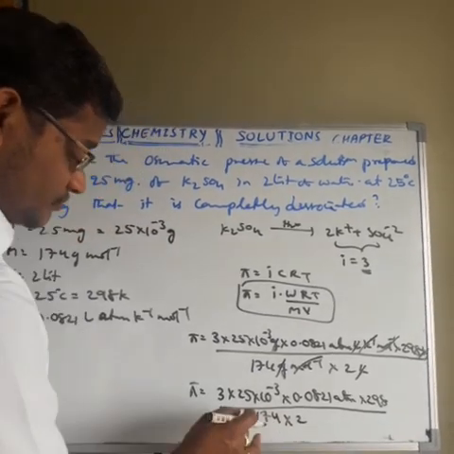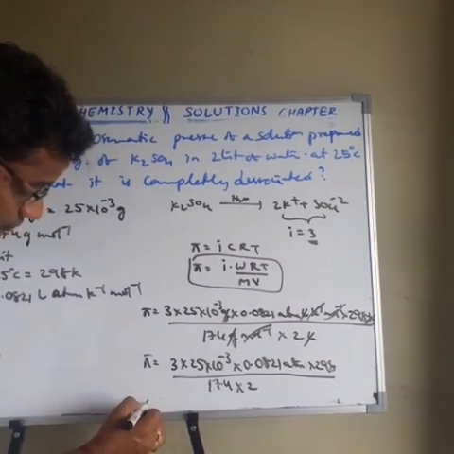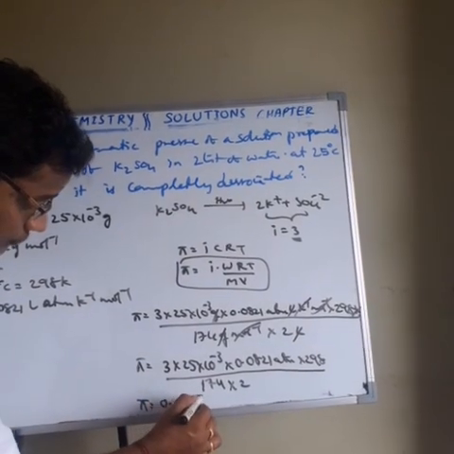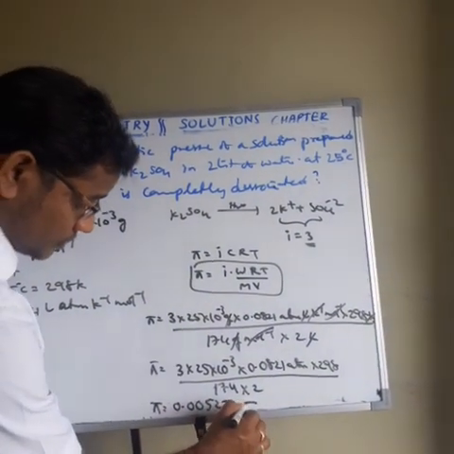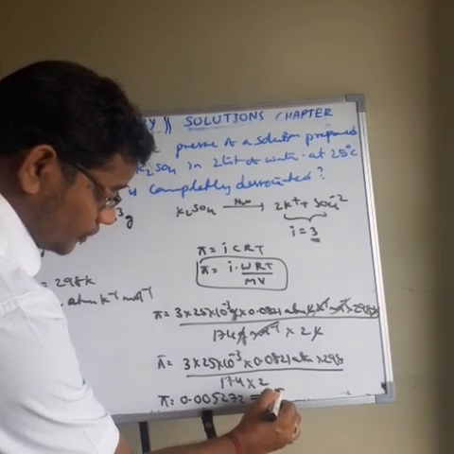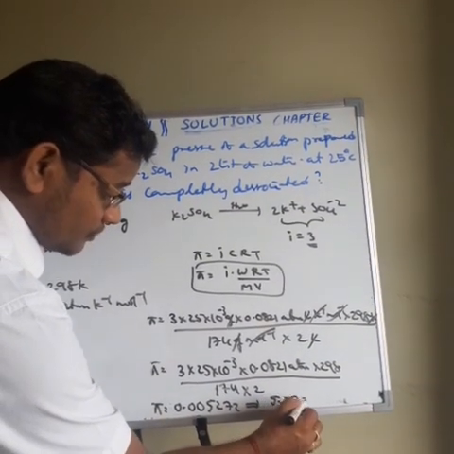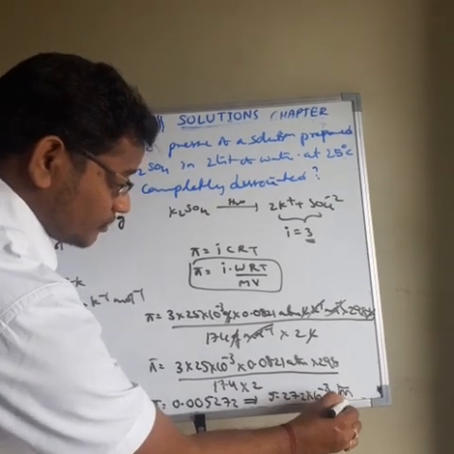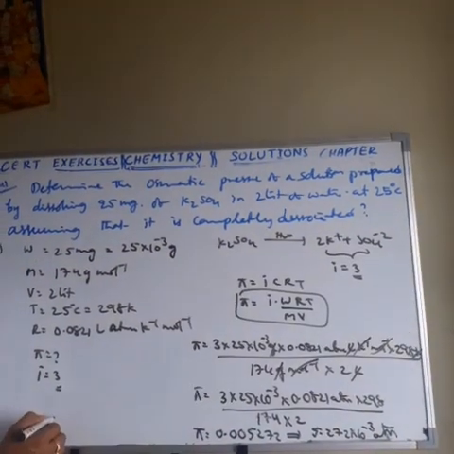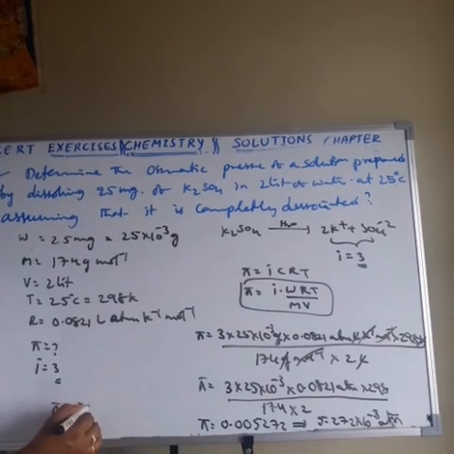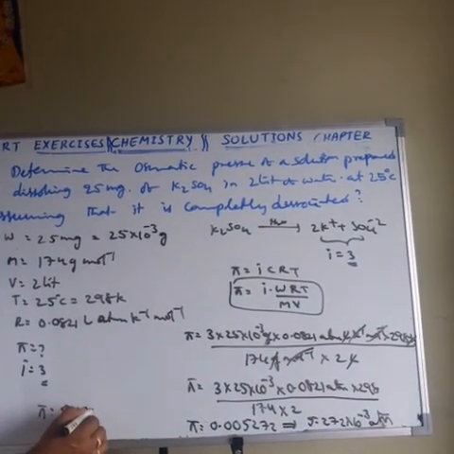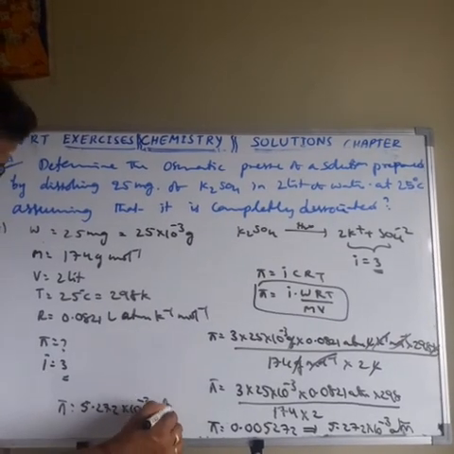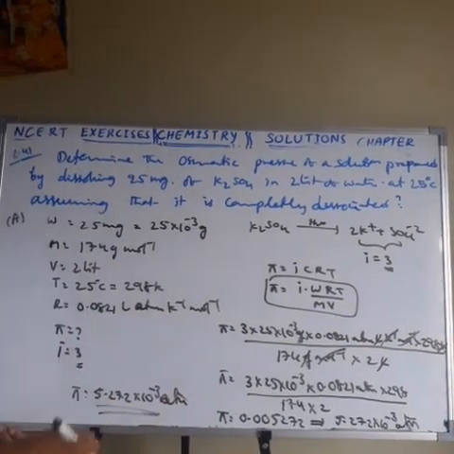To calculate its value, we got pi is equal to 0.005270, which is equal to 5.272 into 10 power minus 3 atmosphere. So this is the answer. What is the pi value? 5.272 into 10 power minus 3 atmosphere. So this is the osmotic pressure of this solution.